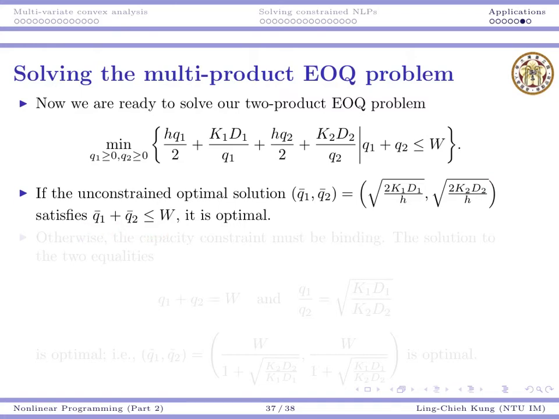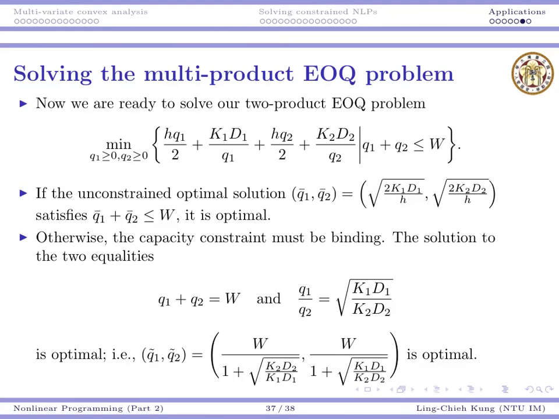If it is, of course, it is optimal. We know how to solve and get this, and we know how to verify this. Unfortunately, if the unconstrained optimal solution is not feasible, then of course we know the optimal solution must have the capacity constraint binding.